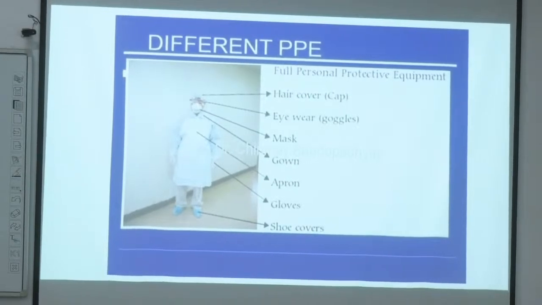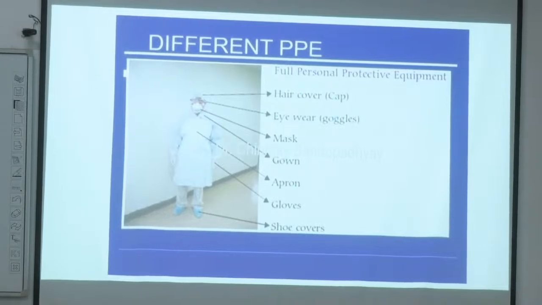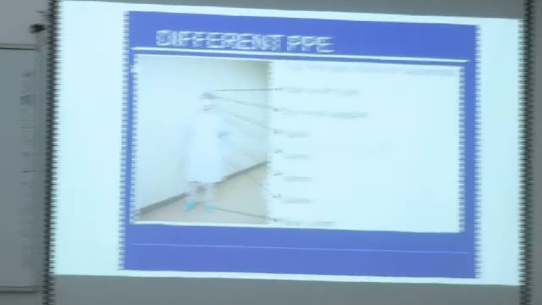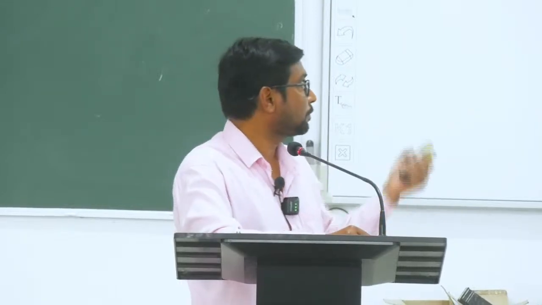Hair cover or cap, eyewear or goggles or face shield, mask, gown, apron, gloves, shoe covers. These are all different kinds of PPE that you have to use in the hospital environment, in the surgical process, any aseptic condition, or in the lab also. You have to maintain all these things.